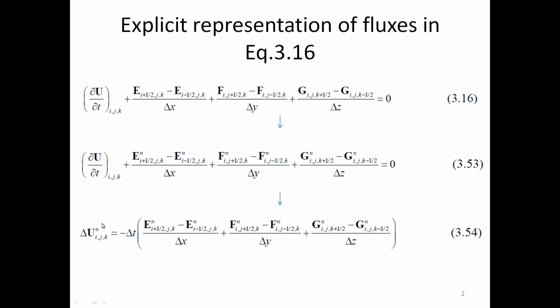The formula is the following: delta u super n in the point i, j, k is the same expression as here, multiplied by minus delta t.